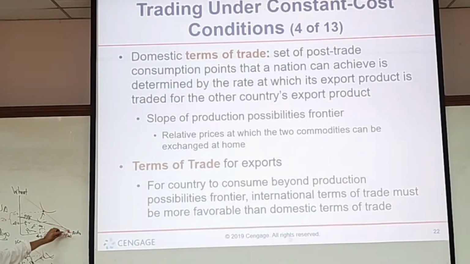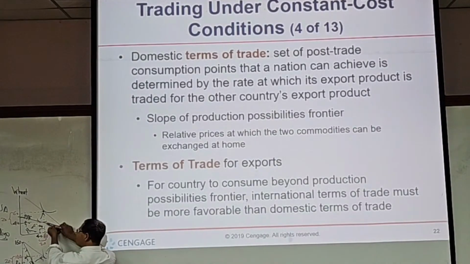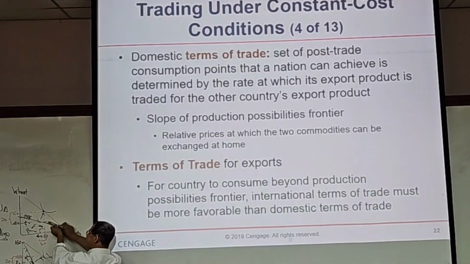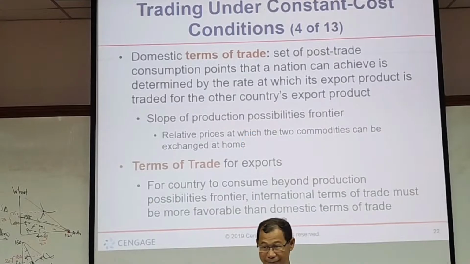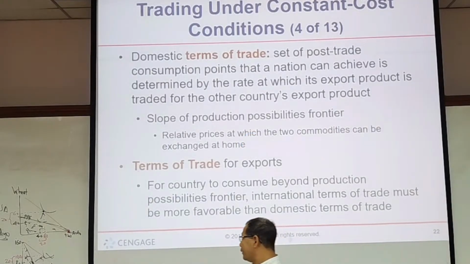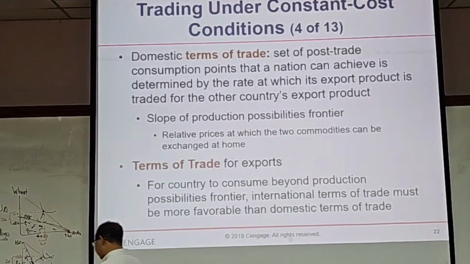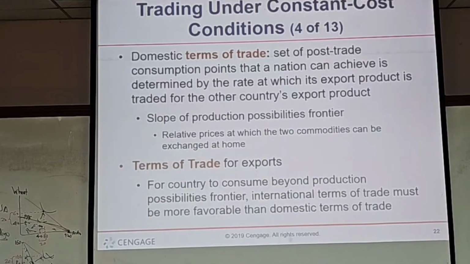But after trading, the price increases. So USA likes it. Automobile is expensive in Canada before trading. Look at this. After trading, automobile becomes cheaper in Canada.